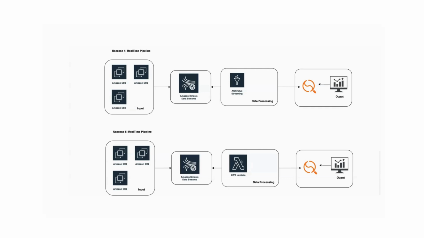Maybe you add country information or certain additional fields based on user ID, and then you put the data into OpenSearch. Here we are not even using Glue streaming, so I also wanted to cover that. So based on your use case, you will pick components, tools, and storage layer accordingly.